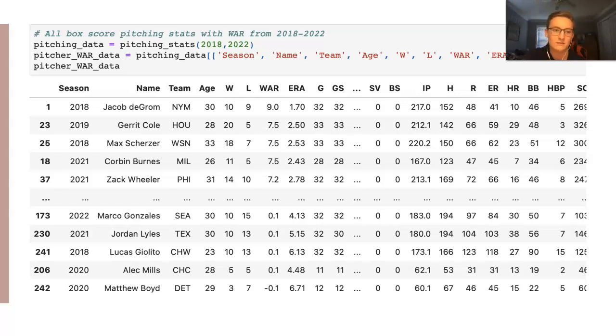You'll see in this graphic we have WAR, but also ERA, games started, saves if they were a relief pitcher, innings pitched, hits, runs, earned runs, home runs, walks, hit by pitches, strikeouts, and some others that aren't visible here.